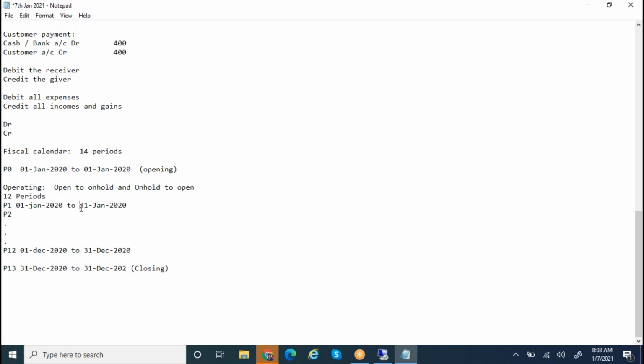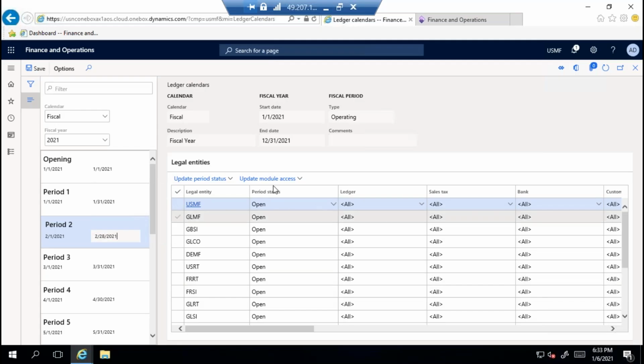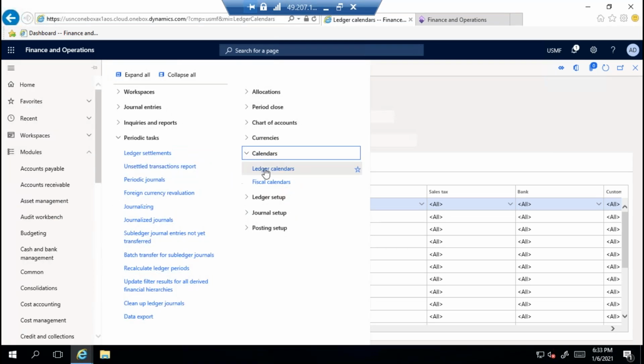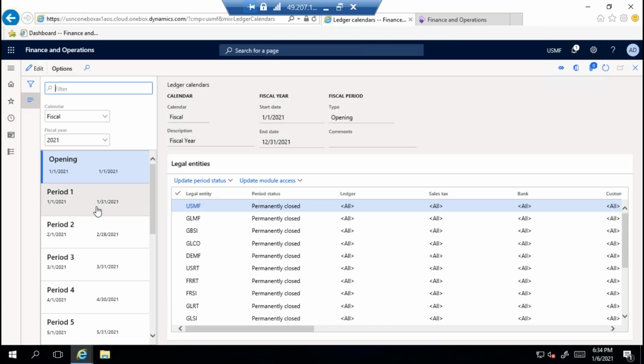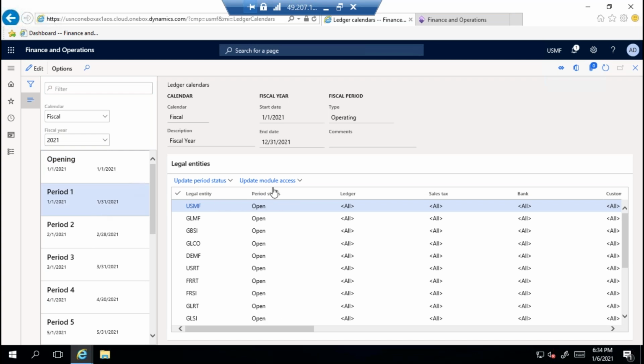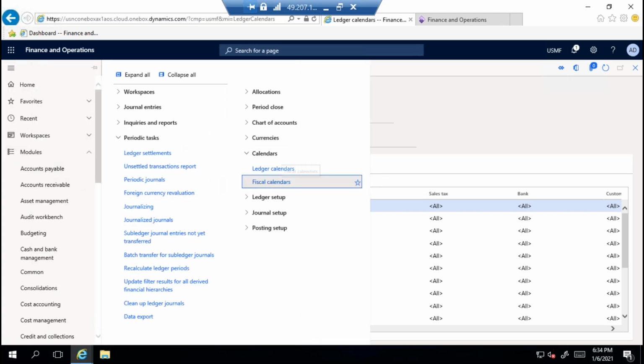So if I want to split this period, yes, I can split. As I showed here, suppose I want to divide a period, I can do it as per my comfort. I can make it and divide. Not this one, one minute. Fiscal calendars.